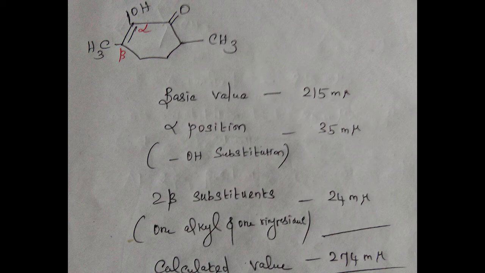For the parent value, we put 215 millimicron, for the OH substitution at the alpha position, we add 35 millimicron, and for 2 beta substituents, we add 24 millimicron. The calculated value is 274 millimicron. The observed value is found to be 275 millimicron.